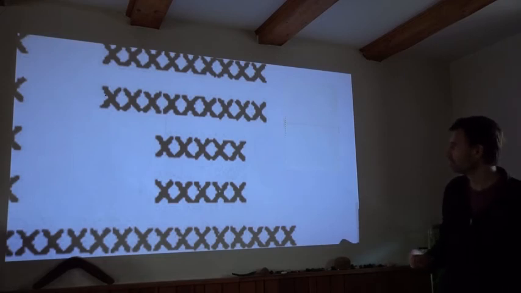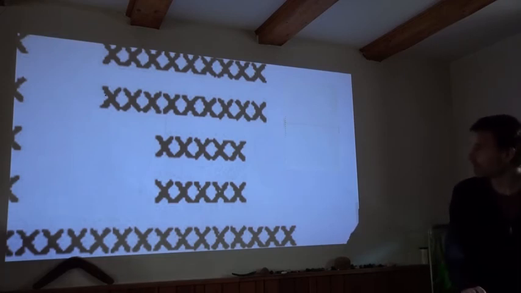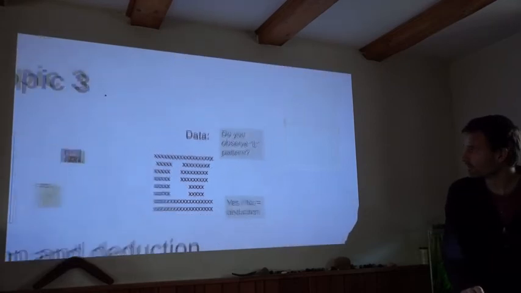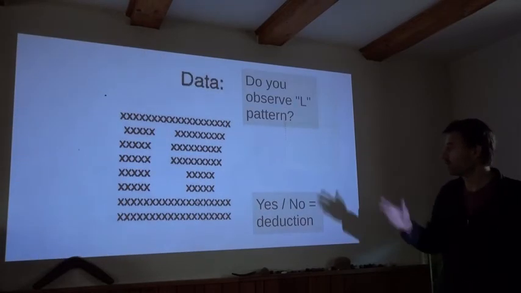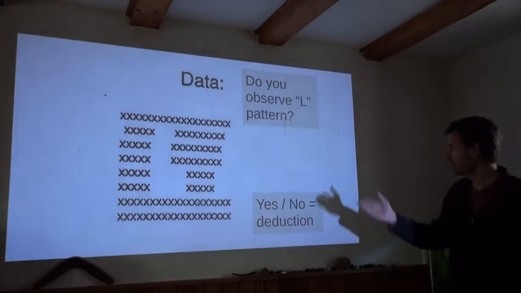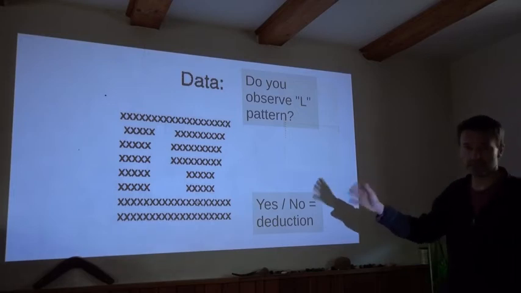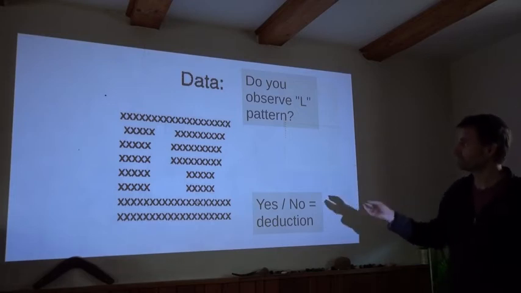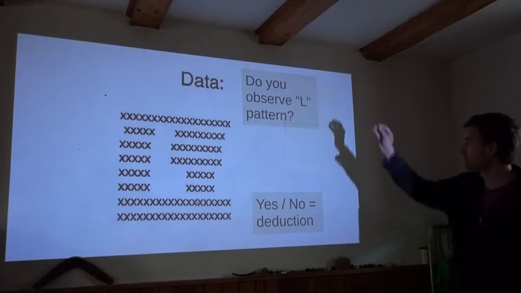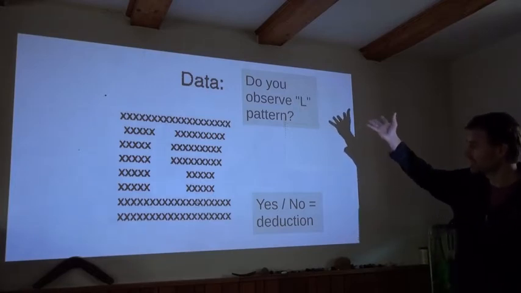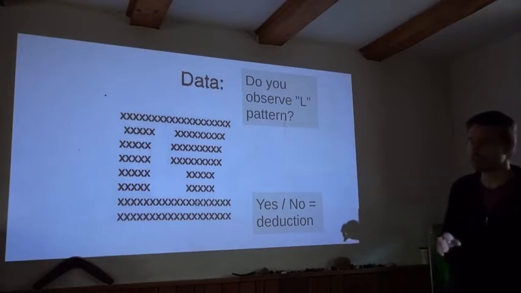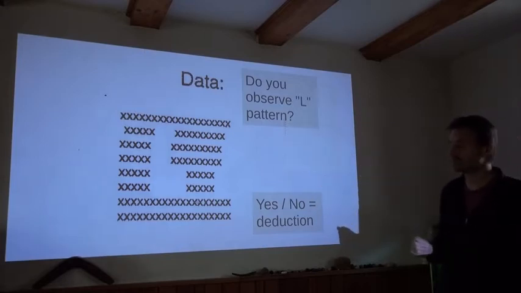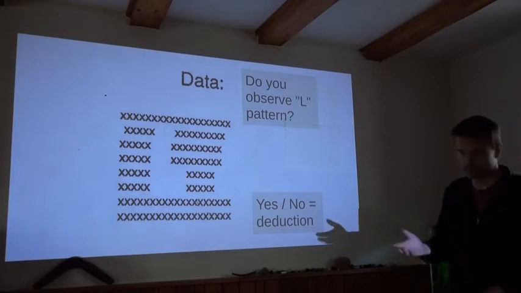So we would say probably we don't see L, or if we make it like this, we don't see L. So it's not obvious that we see L in it, but if we say either yes or no, it's deduction, because we have something abstract at the beginning, and we look at data, and we answer if it is present or not.